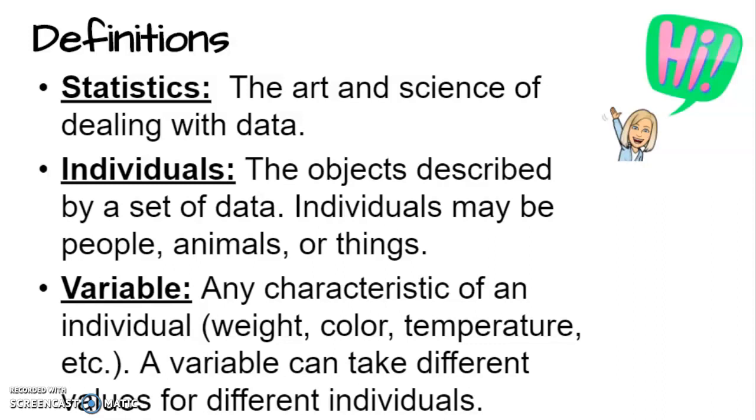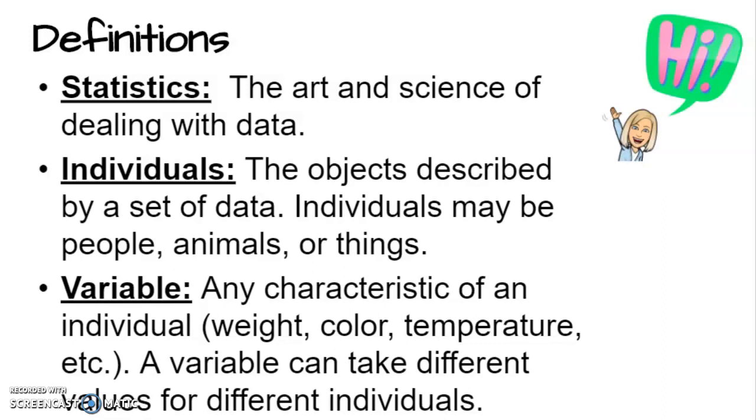So some characteristic, maybe it's weights or colors or temperatures, and the variable for each individual can take different values. So if I had a list of students, let's say, maybe a variable of interest is the number of pets that they have. And student number 1 might have 3 pets, and student number 2 might have 4 pets, etc. So that variable can take different values.